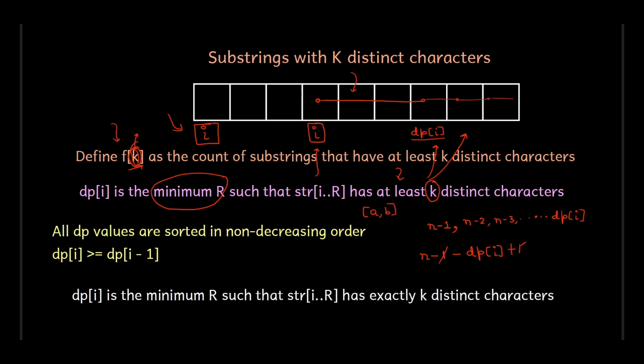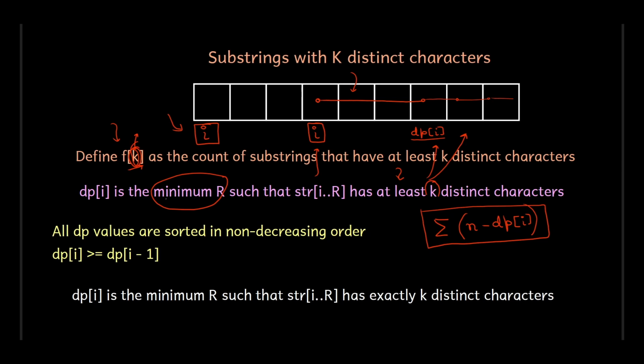So this and this cancel out, and this number is nothing but n minus DP of I. So you have to take the sum of n minus DP of I, and this will give you the number of substrings that contain at least k characters, which is nothing but f of k. And the answer to the original problem is f of k minus f of k plus 1. And this way we have solved the entire problem in O of n.